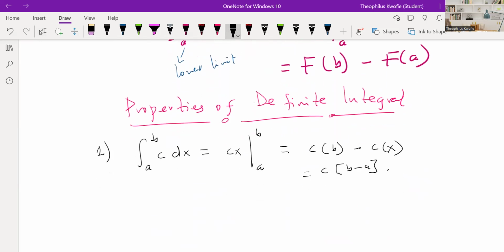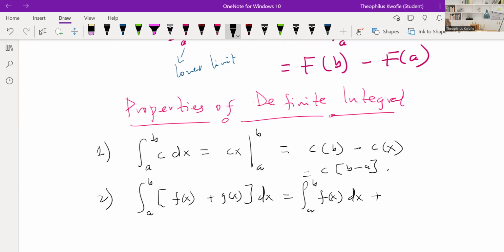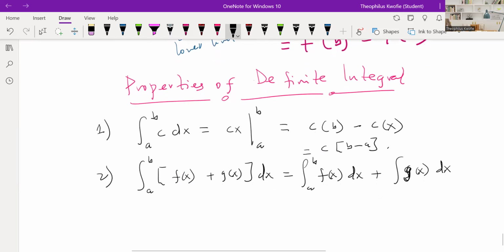Very important. And then the second law is that, by the linearity principle, we can do our distribution as nice as this. Is that okay? So let's take note of that.